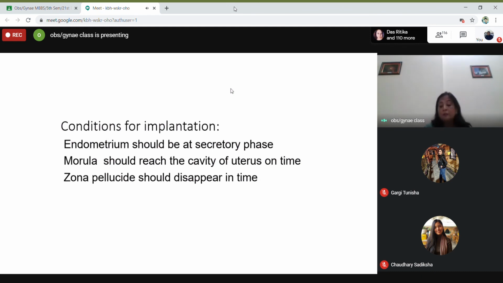The fertilized ovum should more or less reach the cavity of the uterus in time. It should reach the uterus, and the zona pellucida should disappear in time.